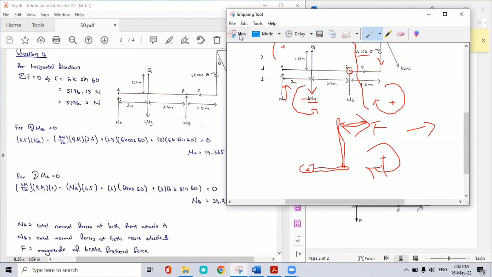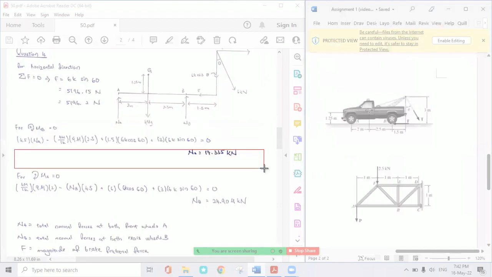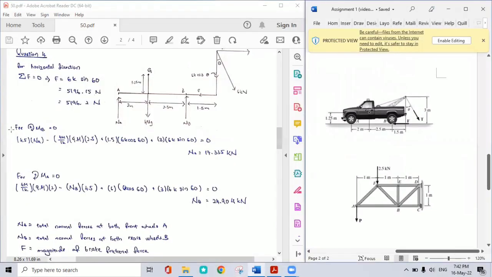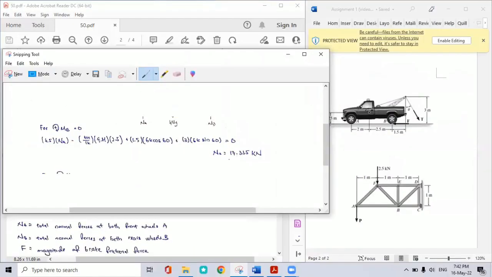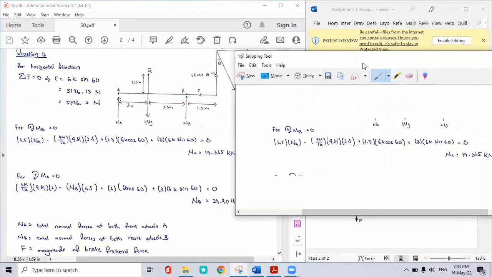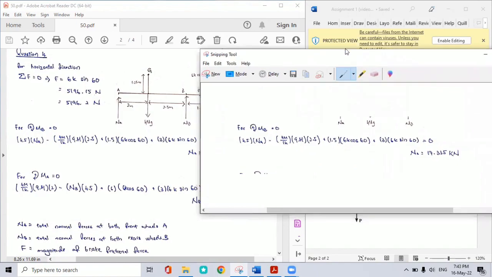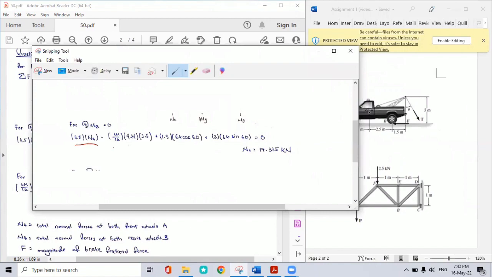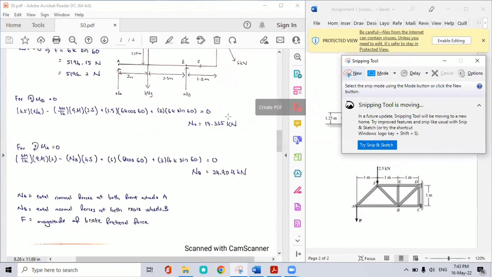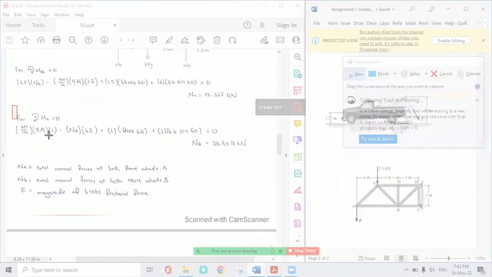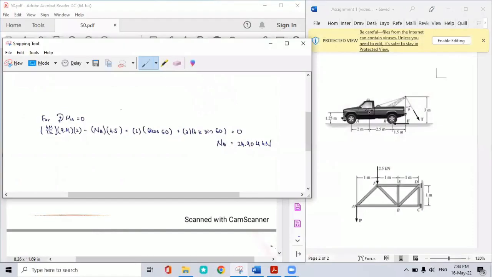So from these expressions, we can get the result, which NA is equal to 17.335. And for information, this formula is calculating the force moment, the moment force. Okay, so we're coming to the next equation to find the NA.